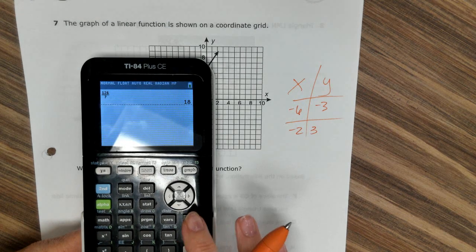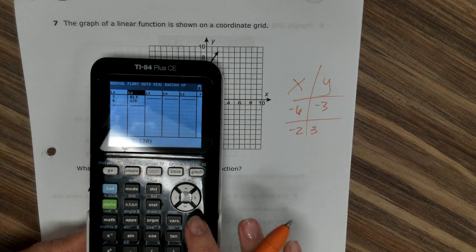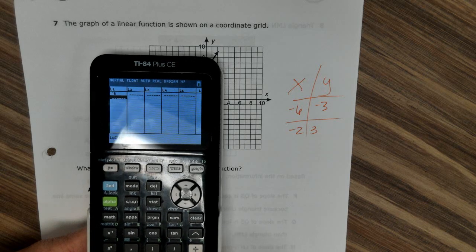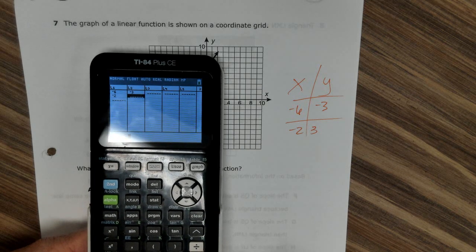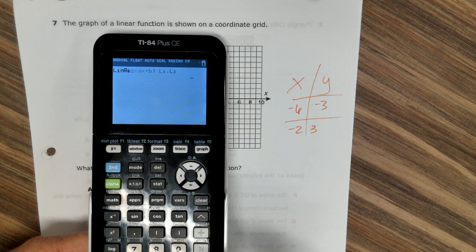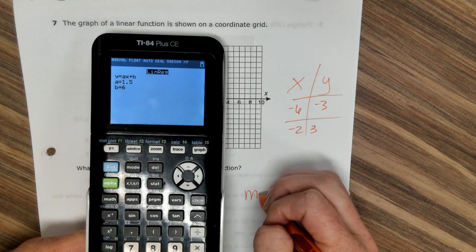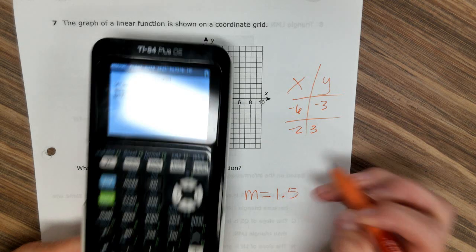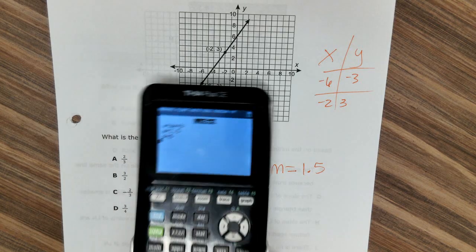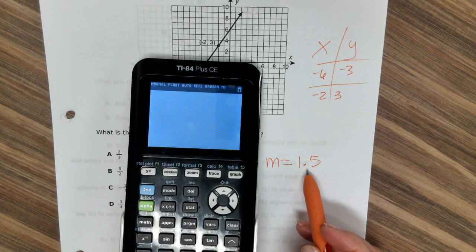Okay, so I go to stat edit. -6, -2, -3, +3. Stat calc 4. What's my slope? 1.5. Do any of the answers have decimals? No, so where do I go? My home screen and turn this into a fraction.